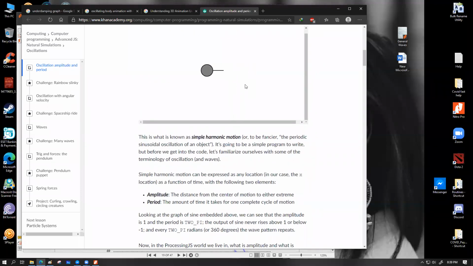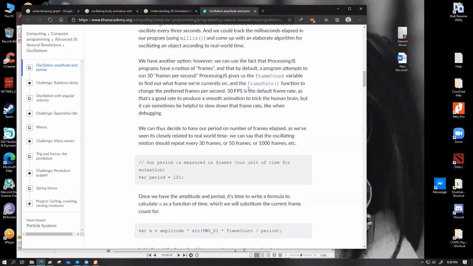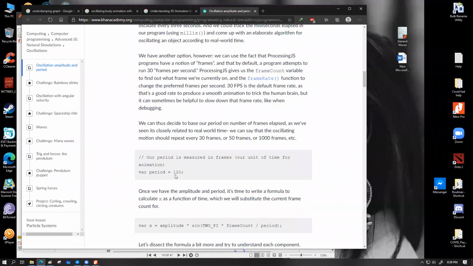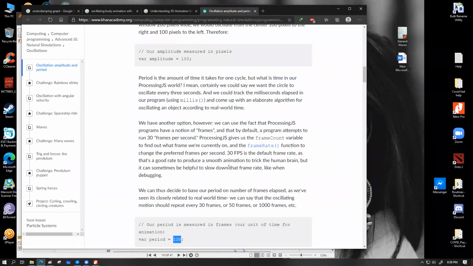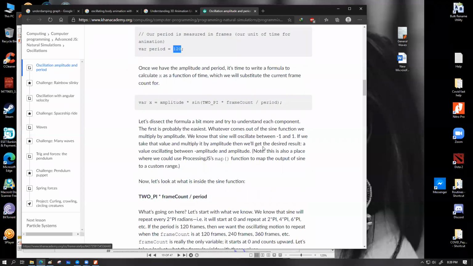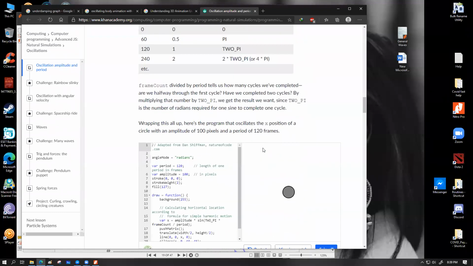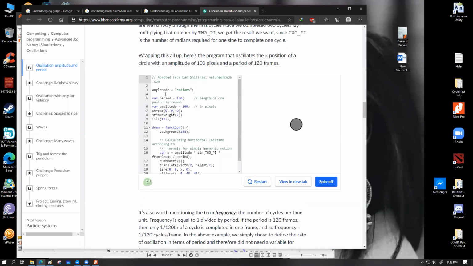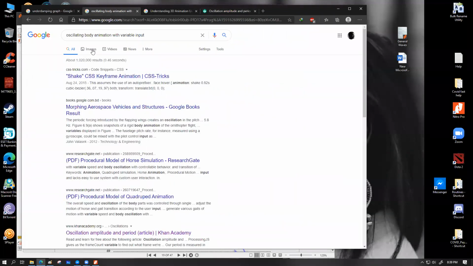Can I manipulate this thing? So you can search for something called Oscillation Simulator or something similar like that. Beautiful.